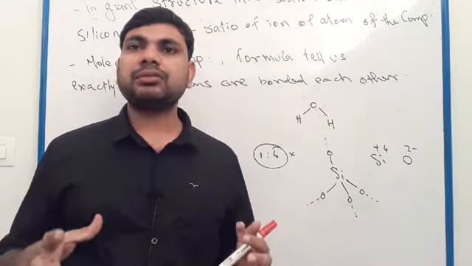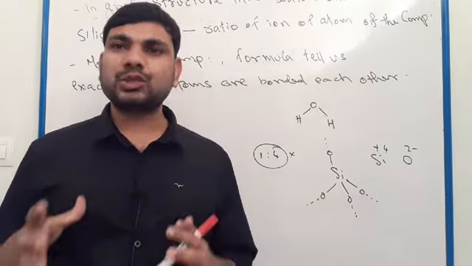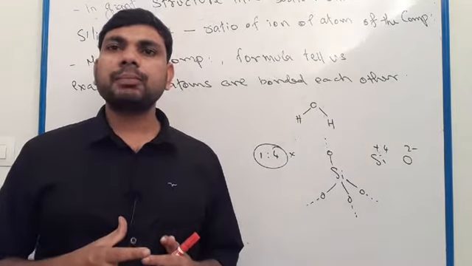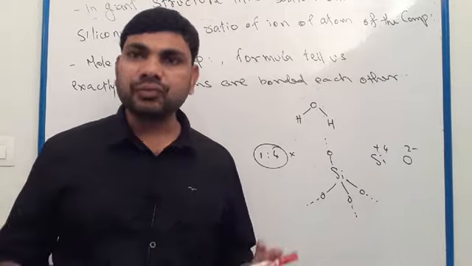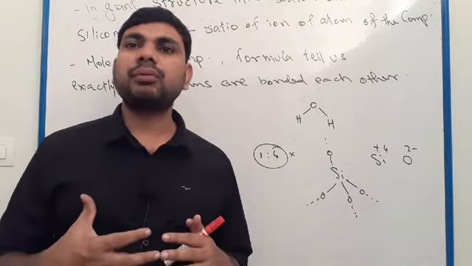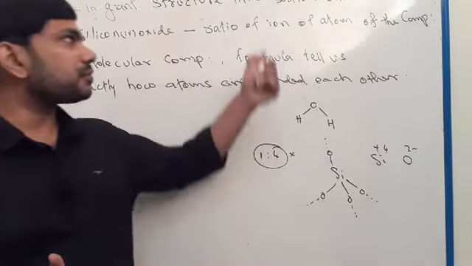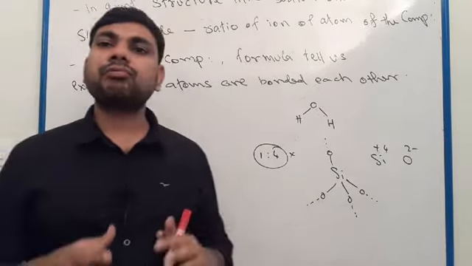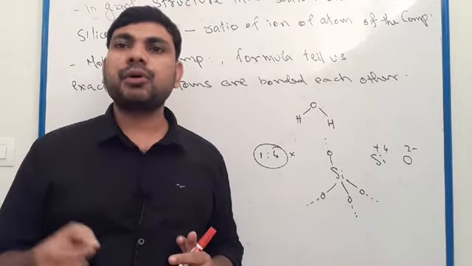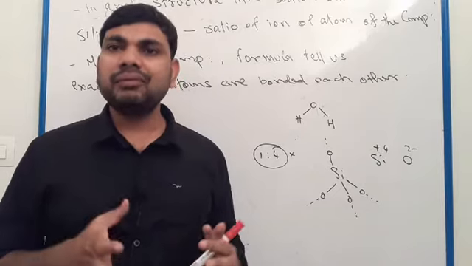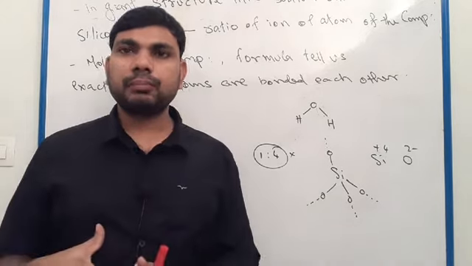Giant structure means 3-dimensional network structure, so we cannot predict one molecule. Different numbers of atoms bonded together form a 3-dimensional unlimited structure. This type of structure gives information about the ratio of different atoms, not the exact number of atoms in a molecule.